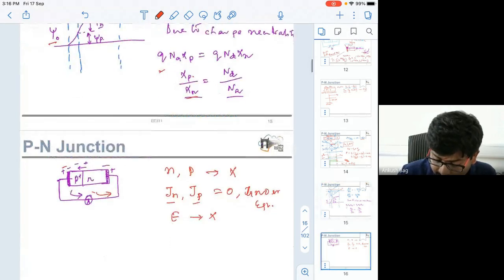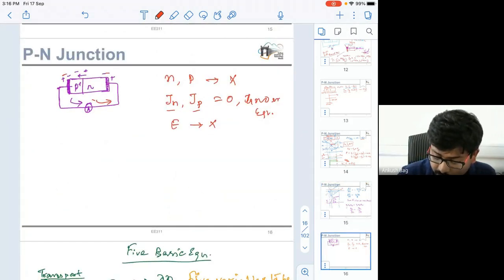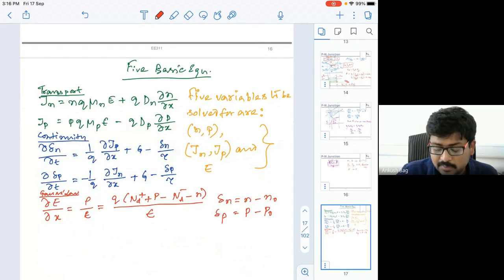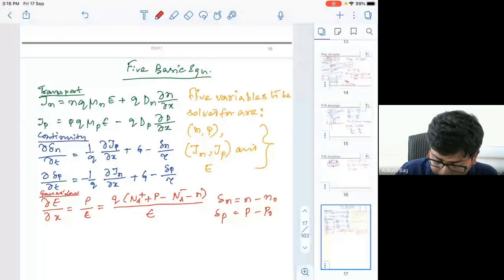So this is the pictorial, qualitative way we have seen in the last class. Now let us try to derive this equation, and for that we need to take help from the basic 5 equations, which we have already discussed in the beginning of this particular module. The first 2 equations are the current density for electrons as well as holes, because of drift as well as diffusion.